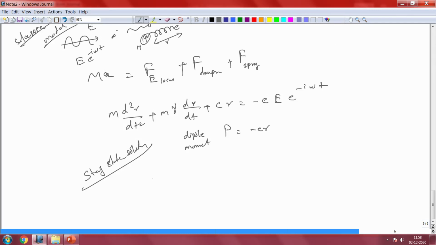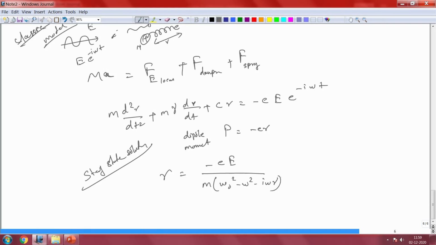Let's say you have r, okay, which is nothing but e times E over m times omega naught squared minus omega squared minus i omega gamma.